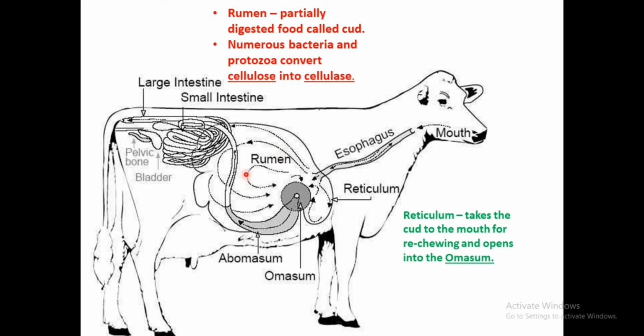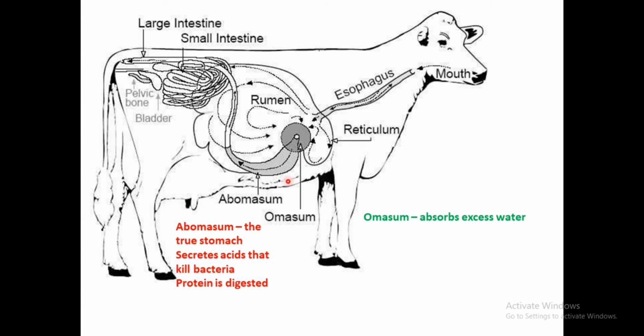Okay, children. Now, from the rumen, it is again taken into the mouth for further chewing, and then through the reticulum. Then the reticulum opens into the omasum. This is the omasum layer, and in the omasum the excess water gets absorbed.